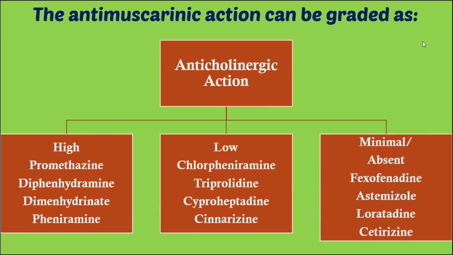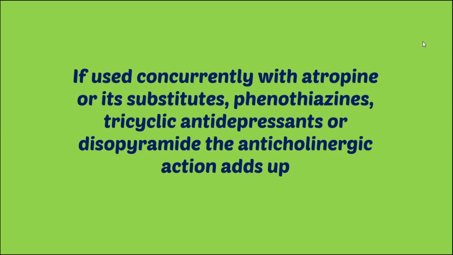Then in low there are chlorpheniramine, triprolidine, cyproheptadine and cinnarizine. And in minimal or absent are fexofenadine, astemizole, loratadine and cetirizine. If used concurrently with atropine or its substitutes, phenothiazines, tricyclic antidepressants or disopyramide, the anticholinergic action adds up.